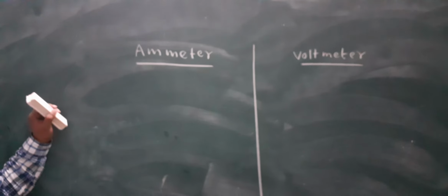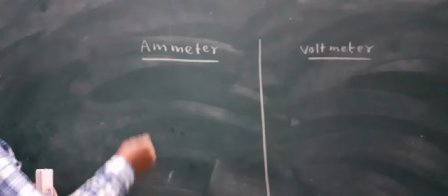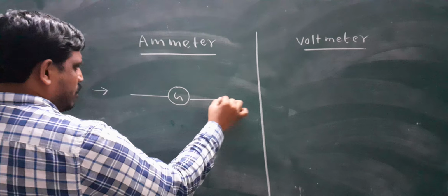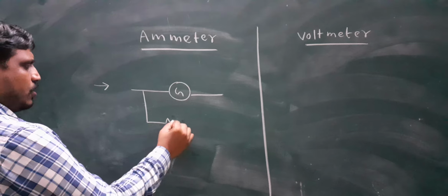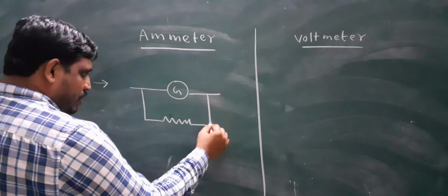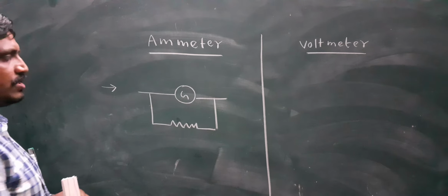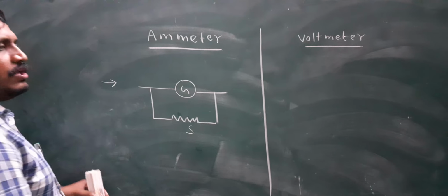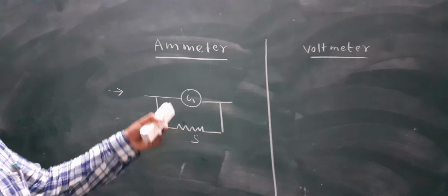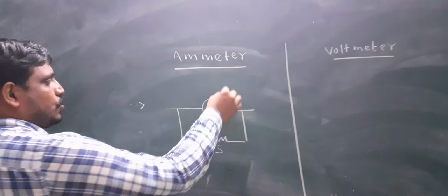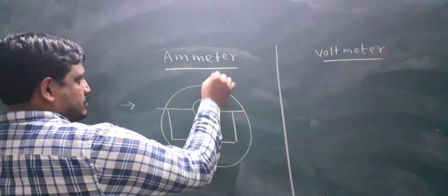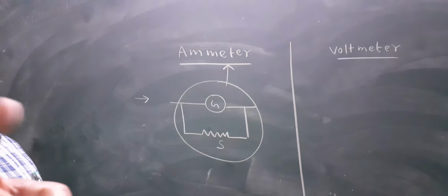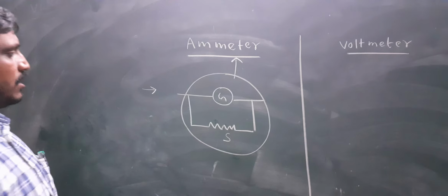Differences between ammeter and voltmeter. Yesterday I discussed the ammeter. This is the galvanometer. Here, a very low resistance is connected in parallel to the galvanometer. This very low resistance is called a shunt. This total arrangement is called an ammeter. What is the use of an ammeter? It is an instrument to measure the current.